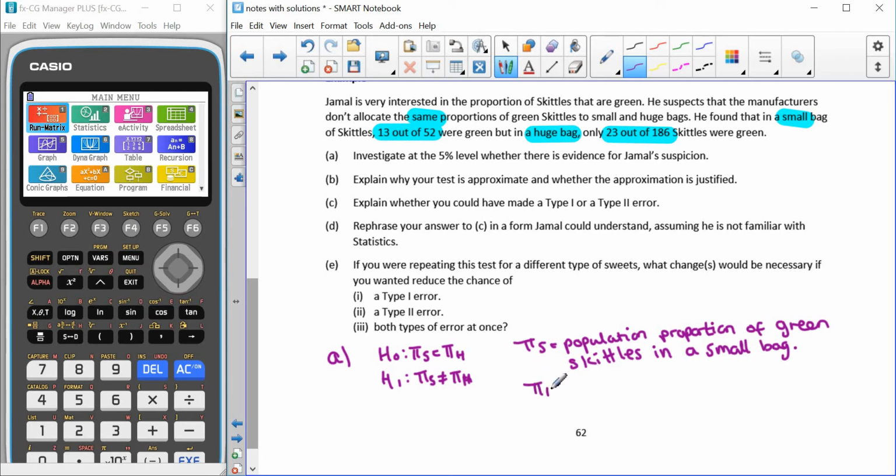Pi H is the population proportion of green Skittles in a huge bag.